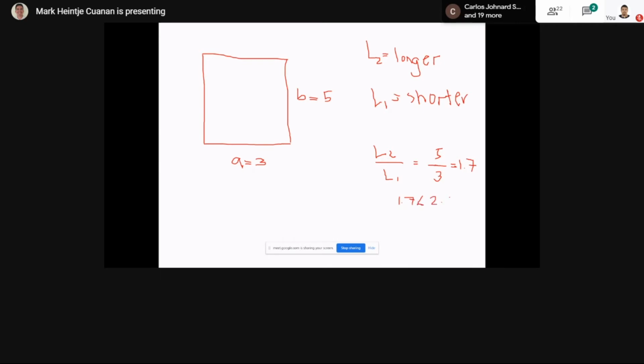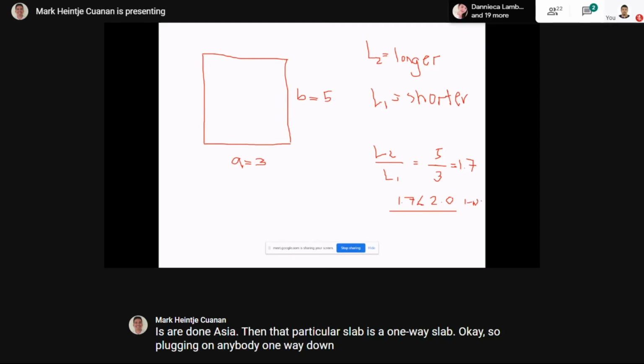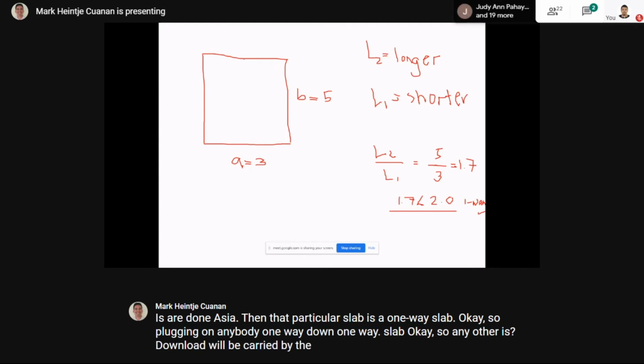So in this case, pag lesser than 2 gani siya, then that particular slab is a one-way slab. Okay? So pag ingon ani gani, one-way dayon. So ang iyang tributary loading is ang load will be carried by the longer beams. So tungaon lang nimo ang imong short direction.